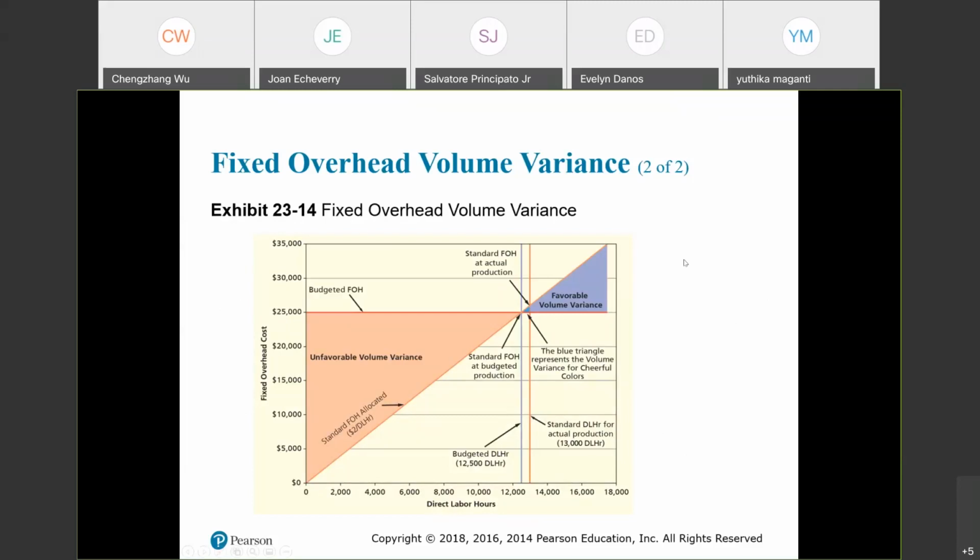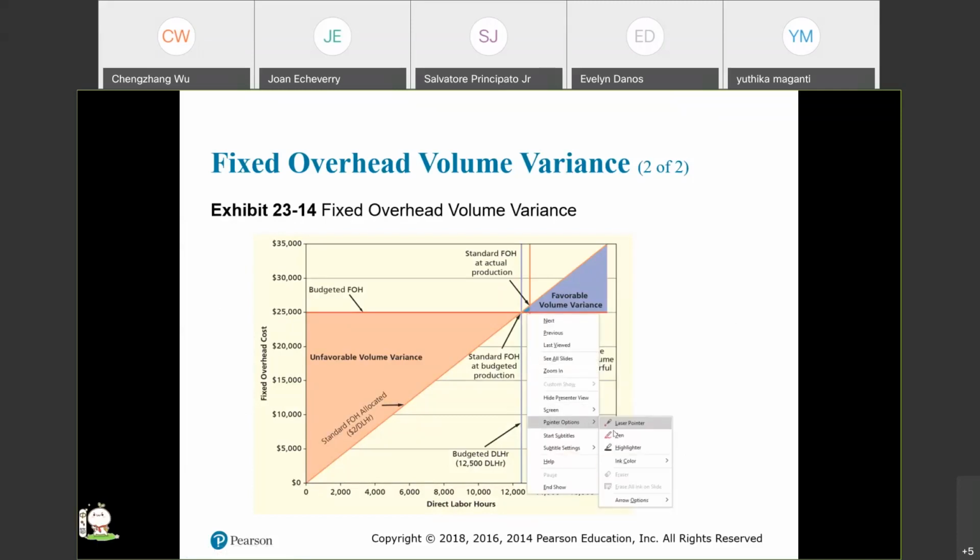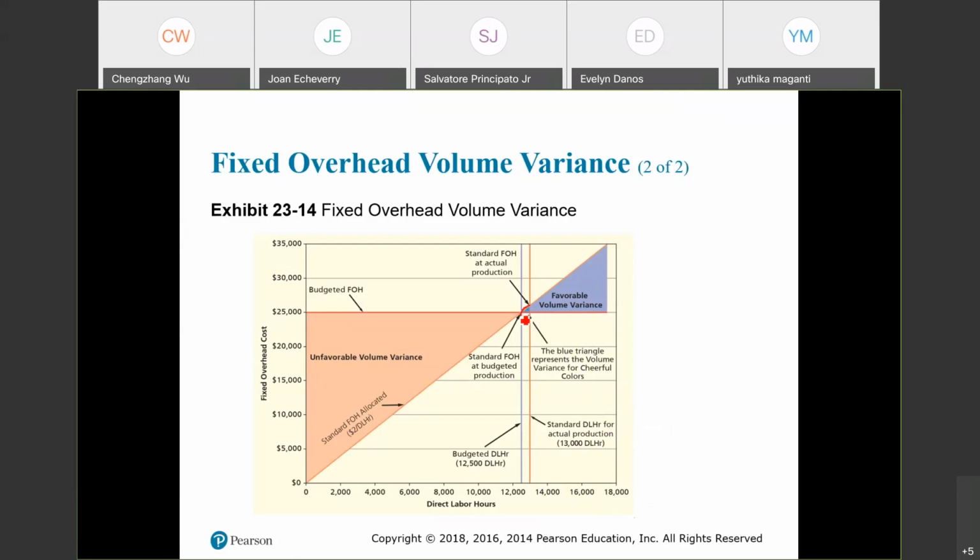Here, this small blue triangle represents the difference between the budgeted fixed overhead, the standard fixed overhead allocated, and the standard direct labor hours, which is the fixed overhead volume variance for this example.